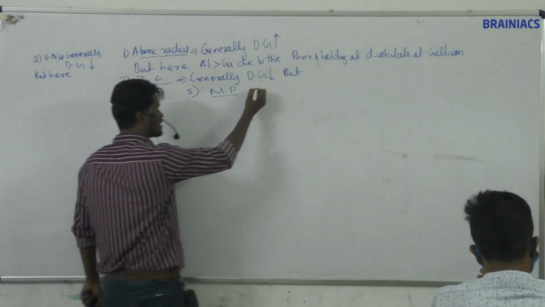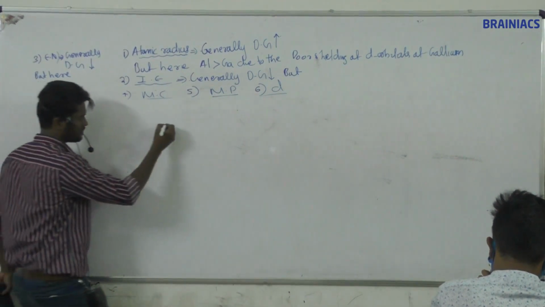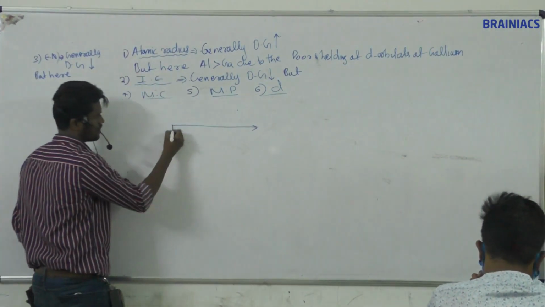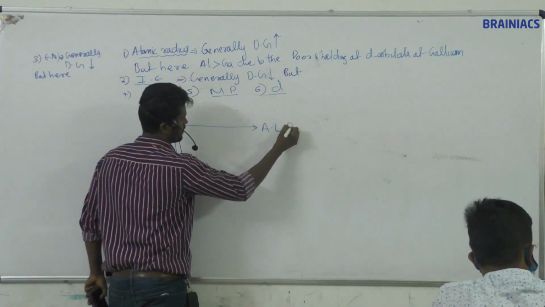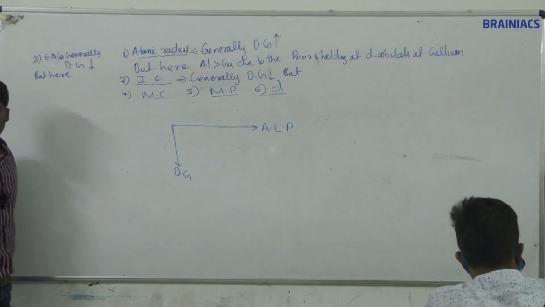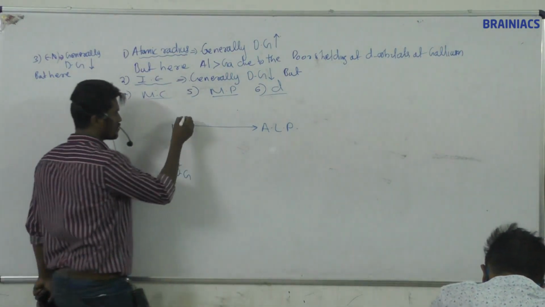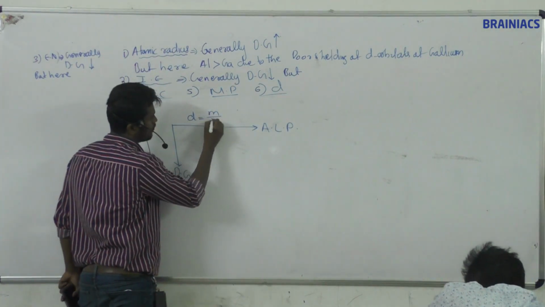Okay, next one is density. Density down the group and along the period. Density is equal to mass by volume.